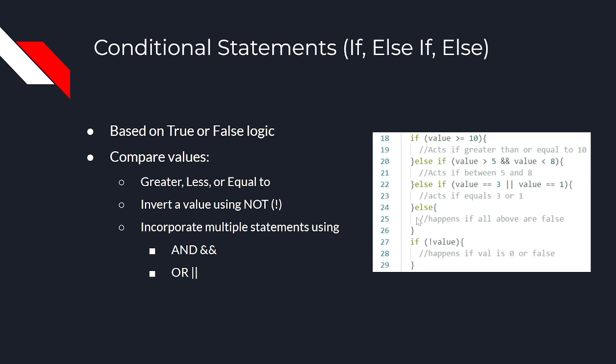But if you didn't want that, and you wanted something to occur no matter whether the other ones were true or not, you could just use an if statement, or just use a bunch of if statements. If this was an if statement and this was an if statement, then this could occur and this could occur all at the same time. All three of them could occur in that scenario.